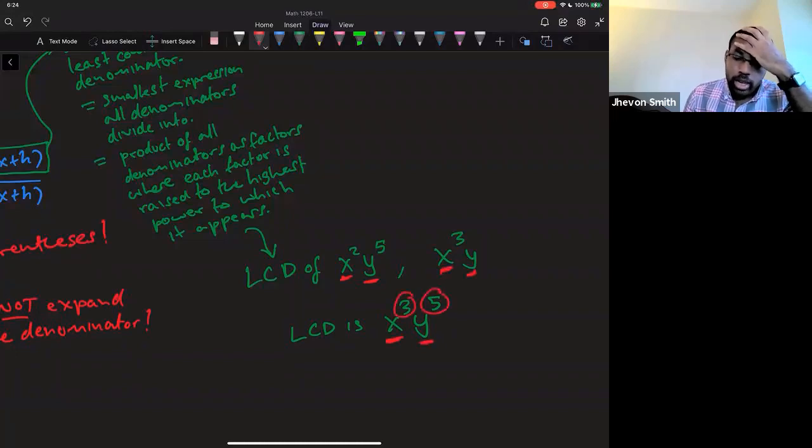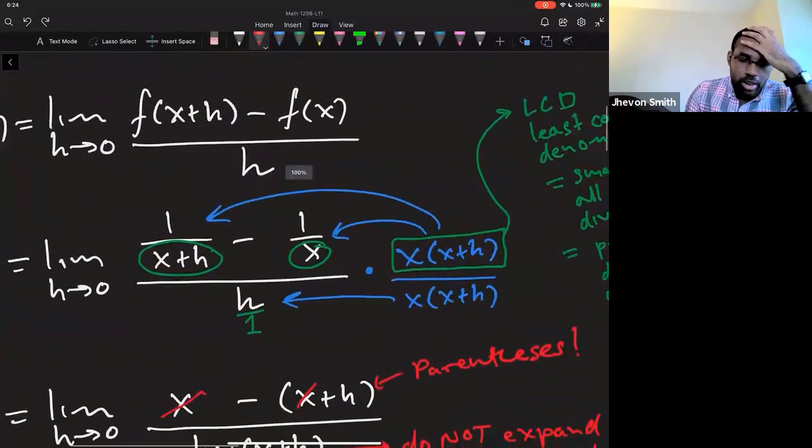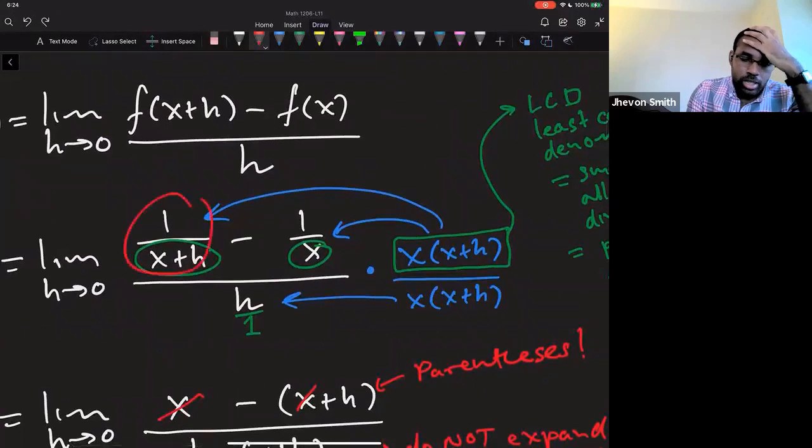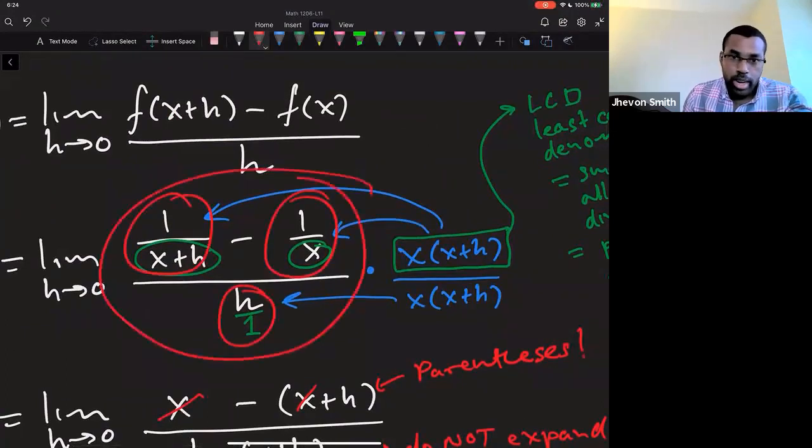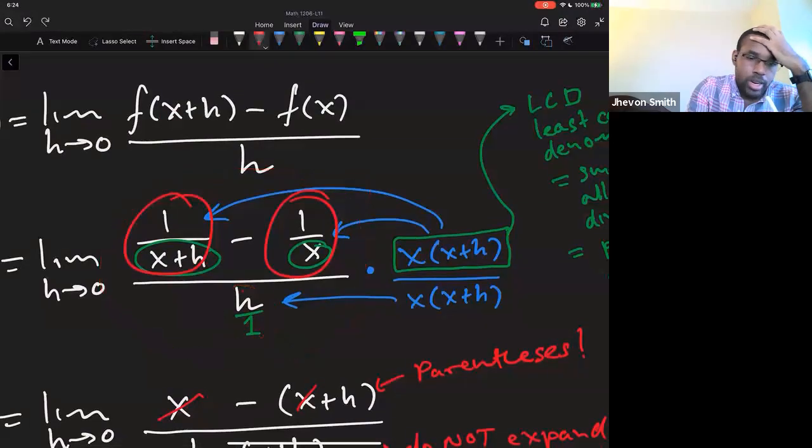It's not okay to have an x squared because the x cubed is a higher power. So that's the LCD. Now, a compound fraction is when you have fractions inside of a fraction. This is a fraction, this is a fraction, this is a fraction, and then we put all those fractions into a fraction. That's a compound fraction.